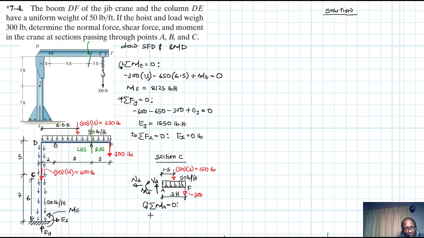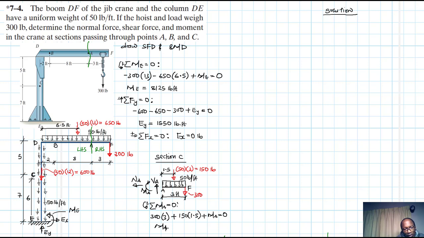So we are going to have 300 by 3. Okay, this is anti-clockwise, and then plus 150 by 1.5, and then plus MA equal to 0.